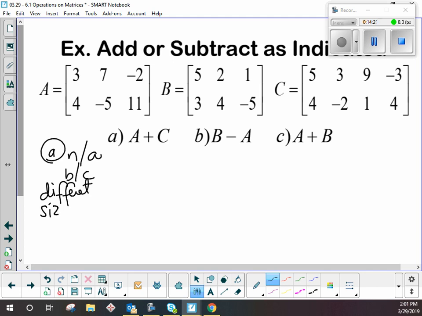What would happen if I have two matrices, and adding means you add their corresponding entries, and I try to add two that don't have the same size? What problem would I run into?